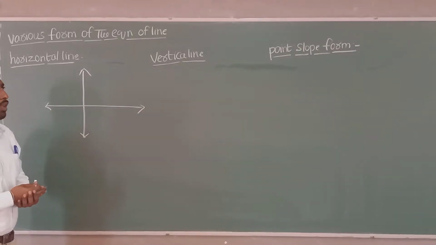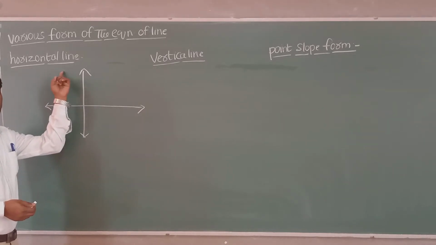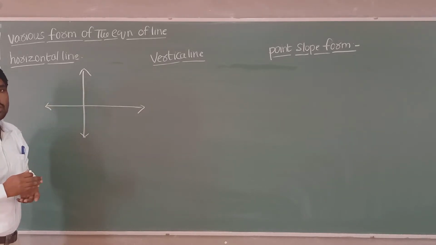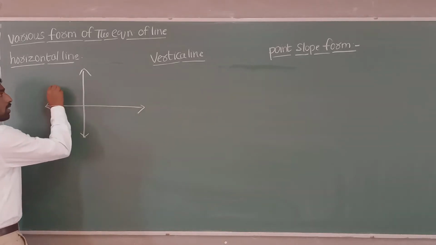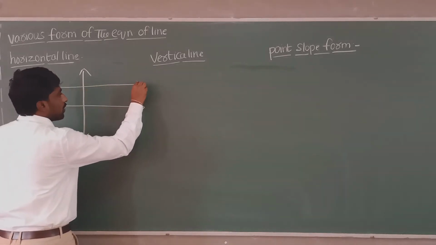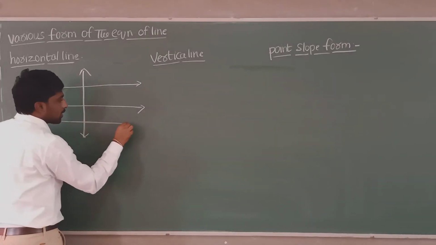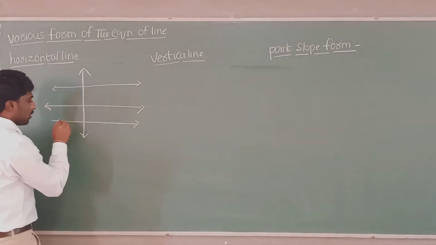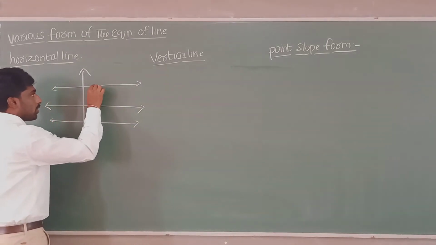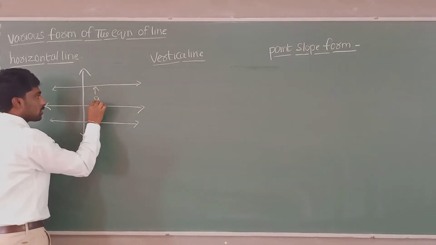If a horizontal line L is at a distance a units from the x-axis, the line should be horizontal, whether it lies above the x-axis or below the x-axis. Is it clear, everyone?